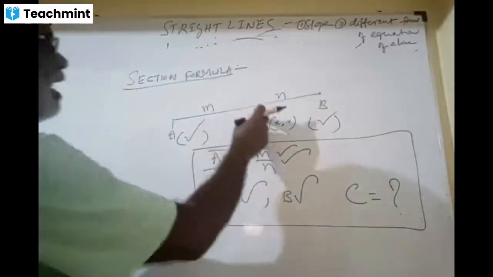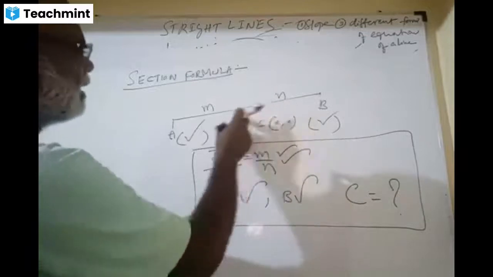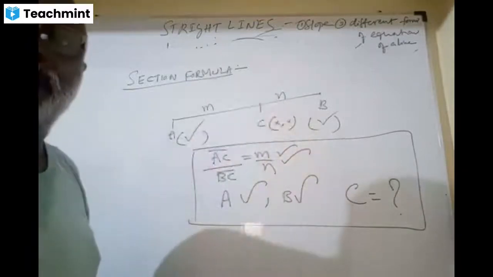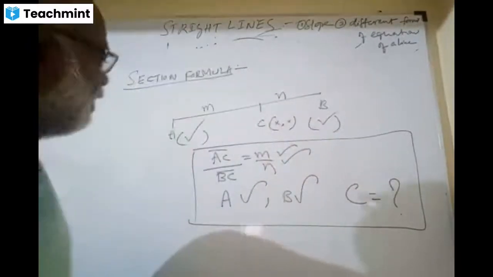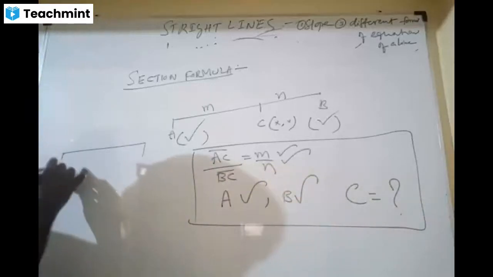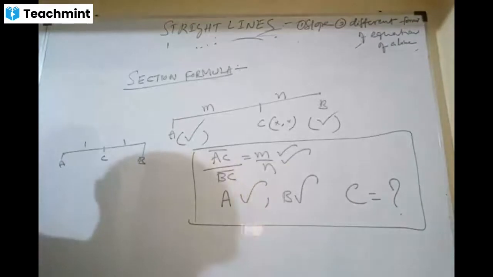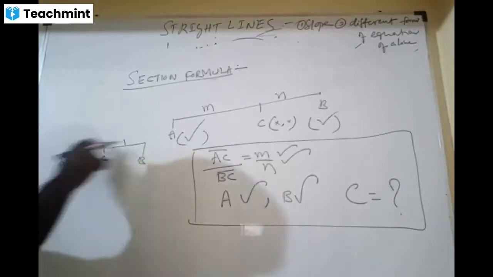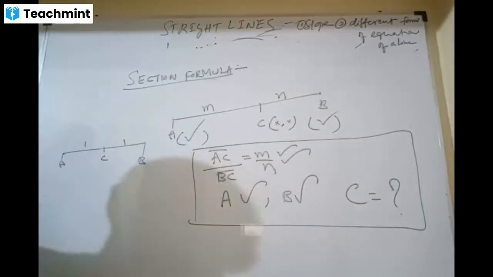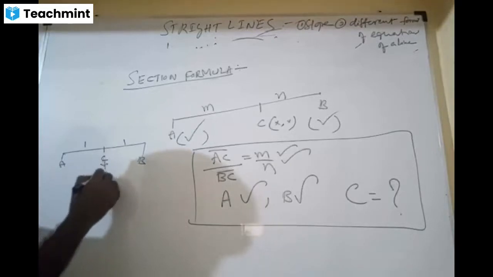If you adjust C so that it is 1:1, exactly in the middle of A and B, then the ratio becomes m equal to n, or 1:1. C will become the midpoint.